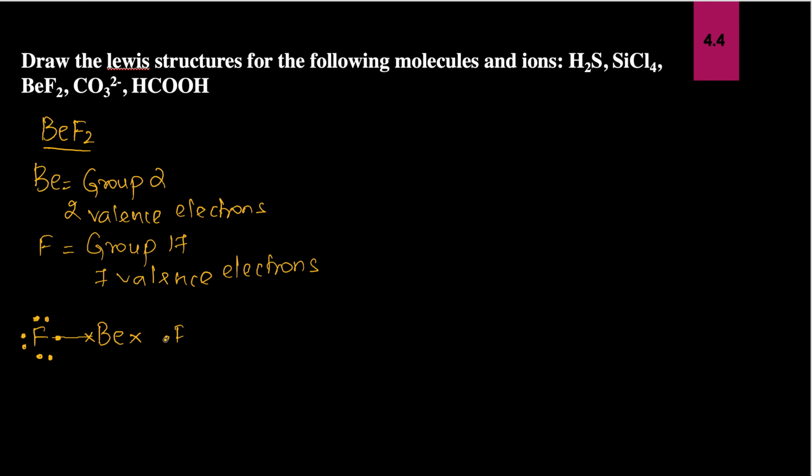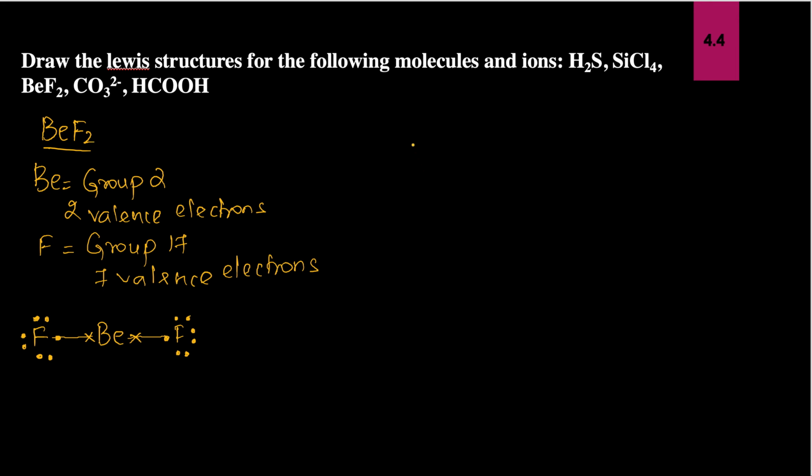Similarly with another fluorine, 1, 2, 3, 4, 5, 6, and 7. Here you have the second bond. So this is going to be BeF2. You should ensure that the correct number of valence electrons are present around each element in the molecule.